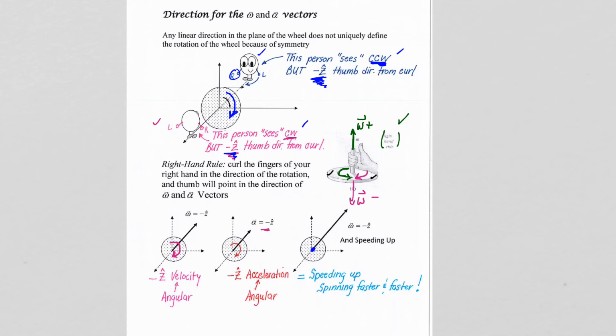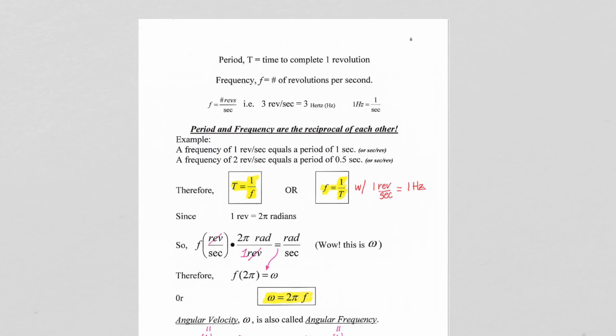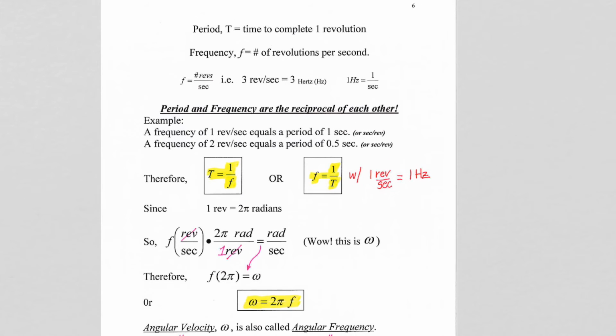All right, so let's quickly go on to the next page now and refresh our memories on period of revolution, frequency of revolution, and we're going to now introduce our omega into that mix as well. Whether we have a point particle moving in a circle or a complete wheel moving in a circle, the period of motion is the amount of time it takes to complete one revolution.